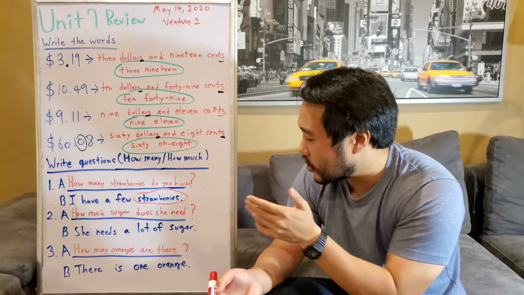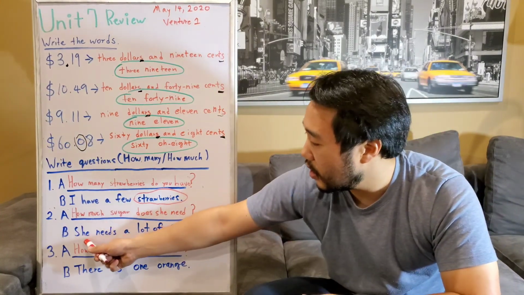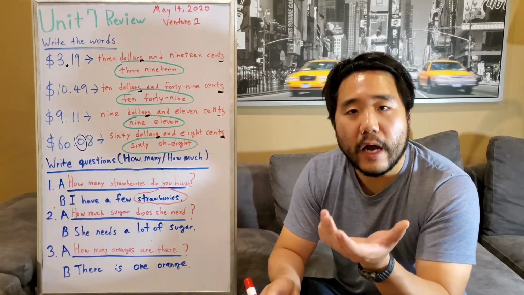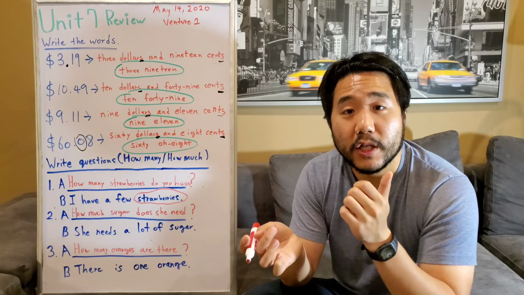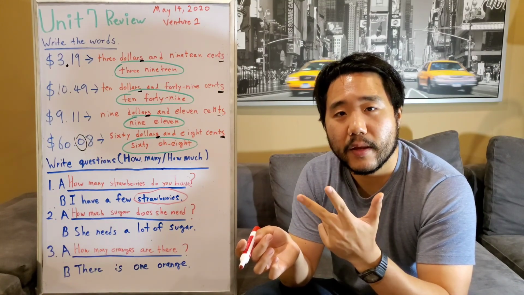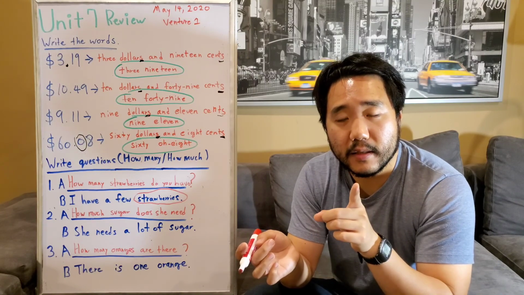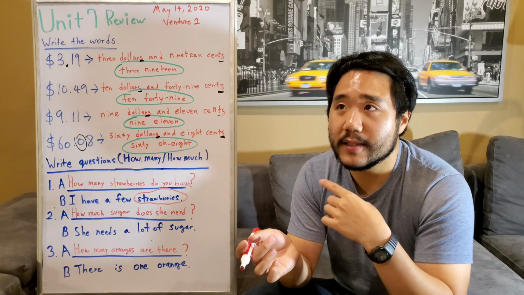So how much sugar does she need? The subject is she here, so it needs to be the same. And remember, when we're making a question and using the subject pronoun she, he, or it, we have to use does, D-O-E-S. We learned it when we were talking about daily activities.